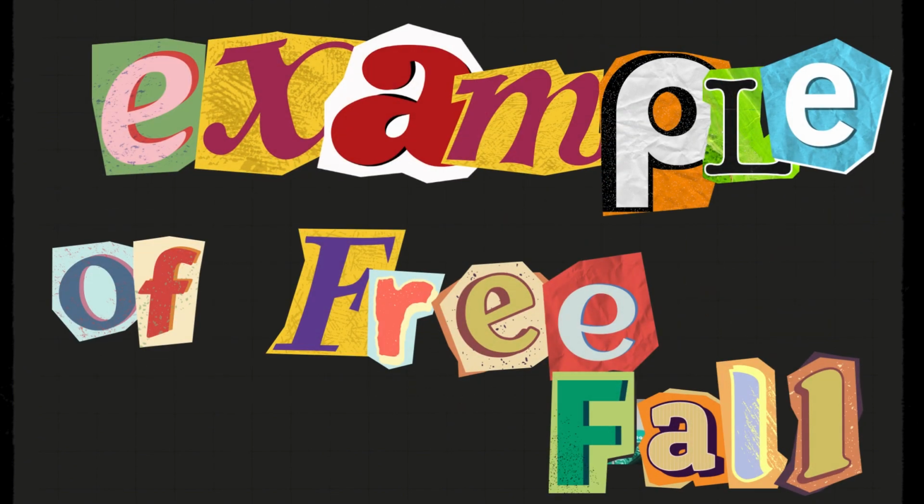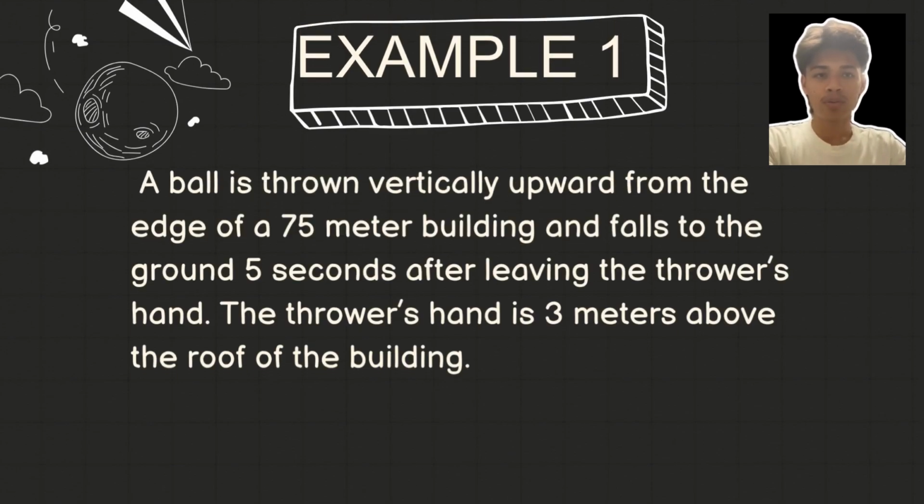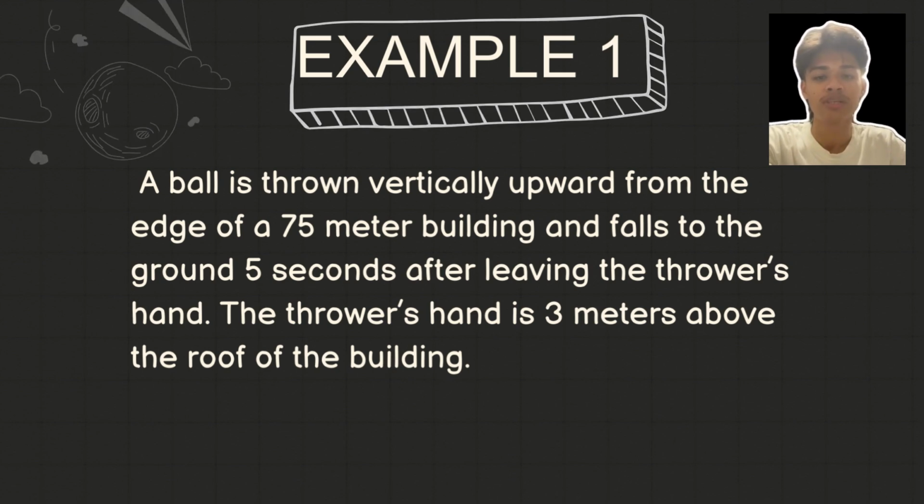Example of free fall. For example 1, a ball is thrown vertically upward from the edge of a 75-meter building and falls to the ground 5 seconds after leaving the thrower's hand. The thrower's hand is 3 meters above the roof of the building.